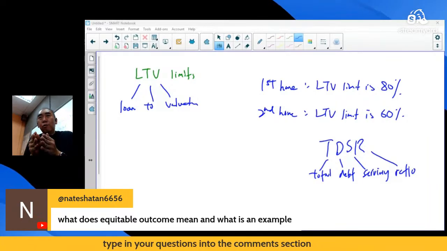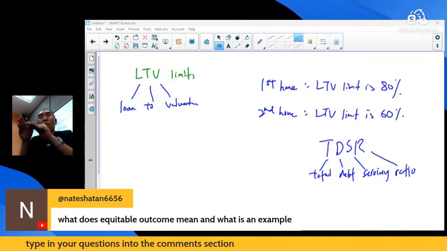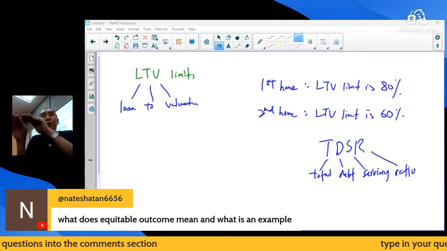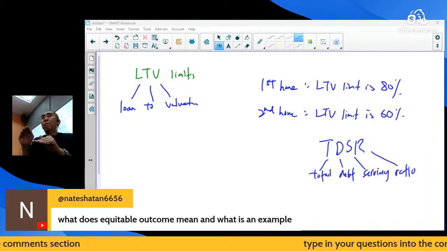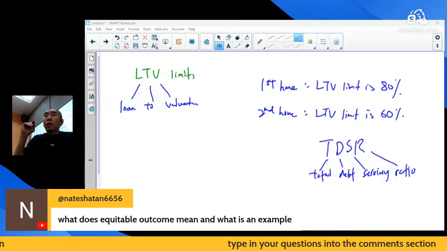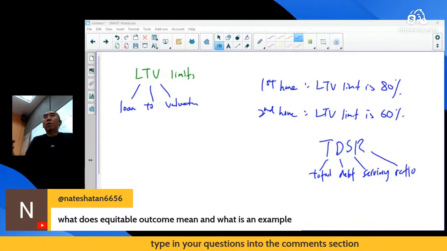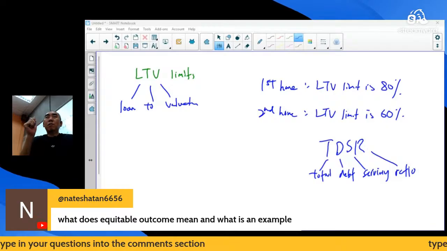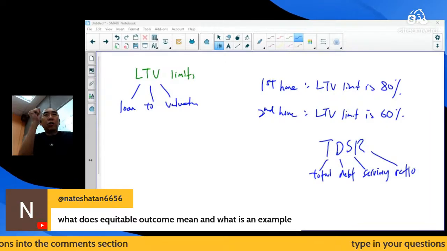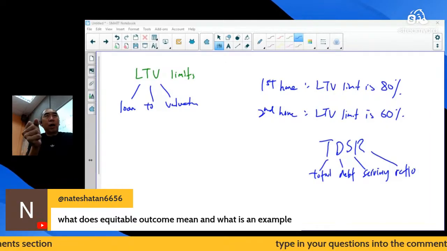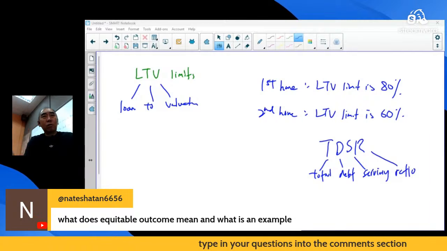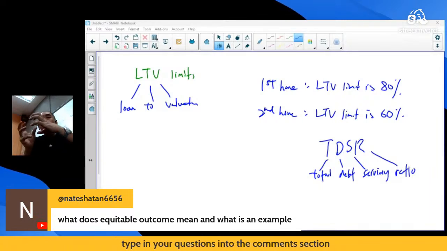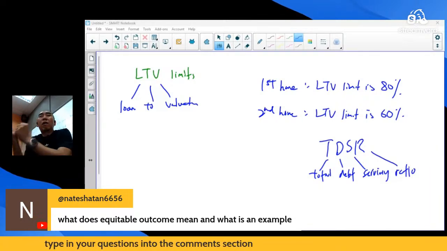The other approach is to try to make the outcome less unequal through redistribution. Like, for example, if a person is poor and cannot buy enough of basic essential services, by giving the low-income households cash subsidies, putting dollars into their hands so that they can buy more essential goods and services, then that is called redistribution, trying to make the outcome more equal.